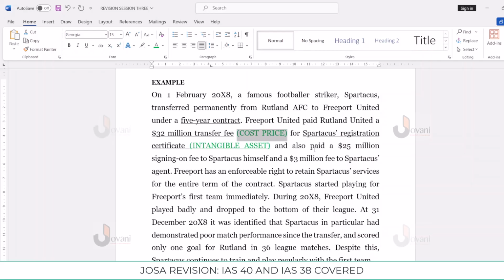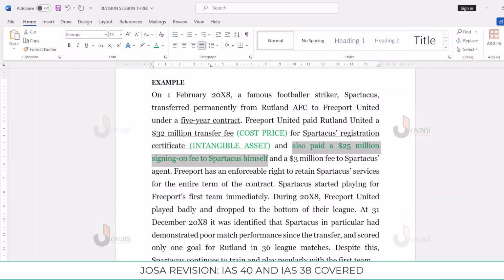This amount here, the 25 million signing on fee to Spartacus himself, is an employee benefit, because it is given to the player. So it cannot form part of the initial value of the asset.